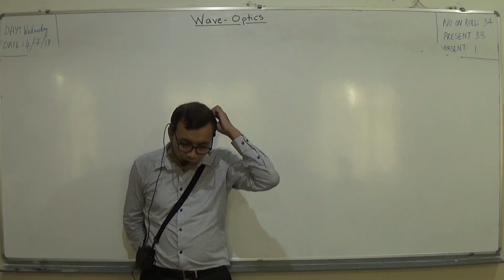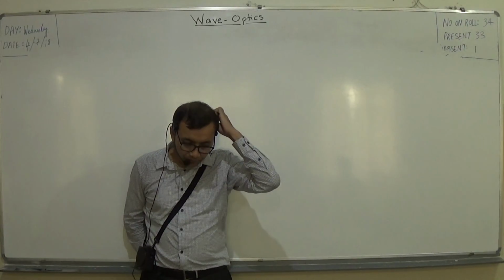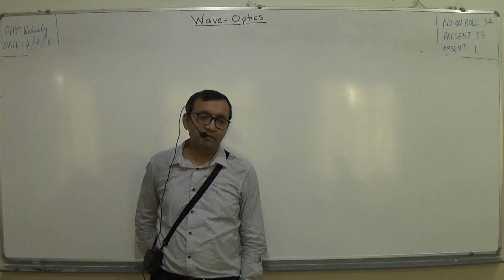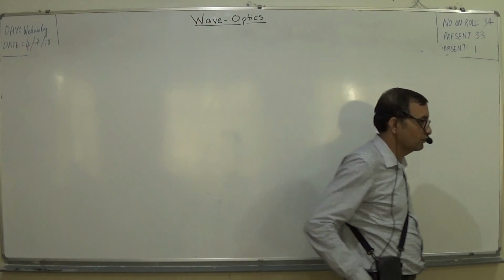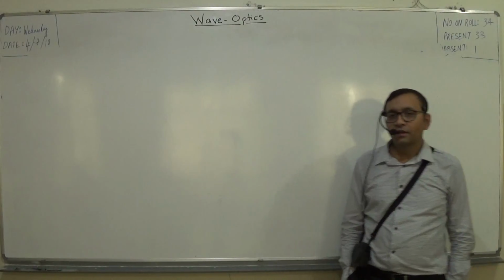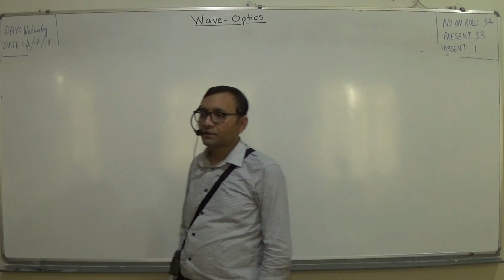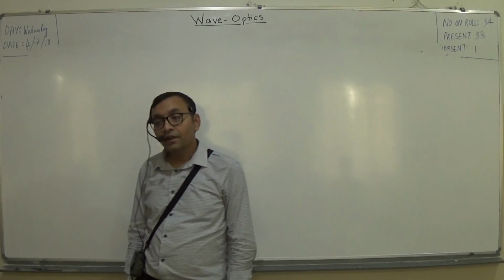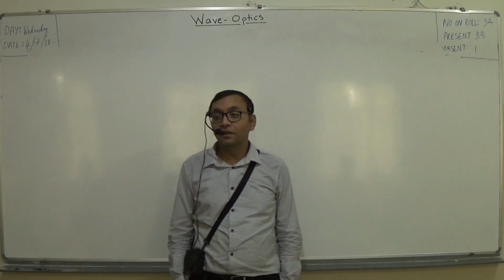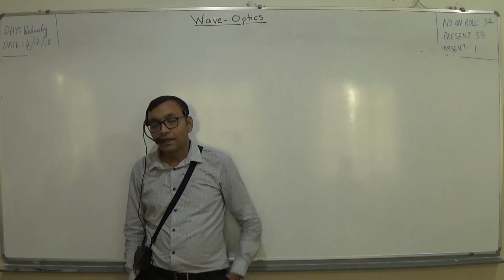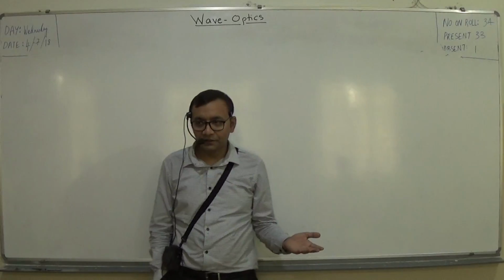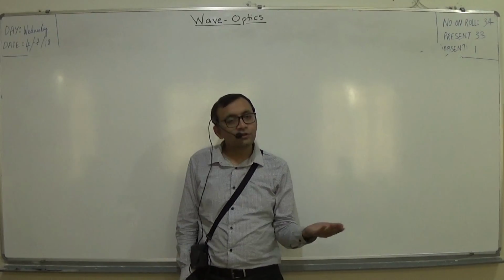Fine. So light, first of all, write down, light is a transverse wave. Okay. Light is a transverse wave. Fine. So whatever basic things we have learned about transverse waves in the waves chapter in class 11th still hold good here also.